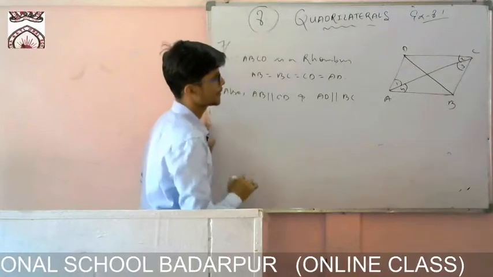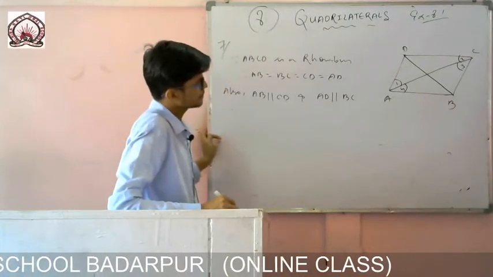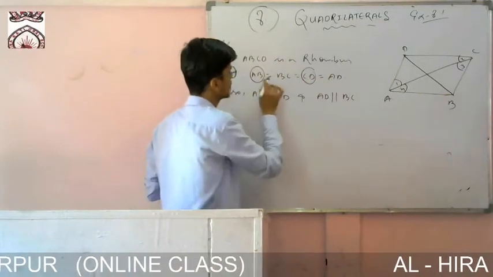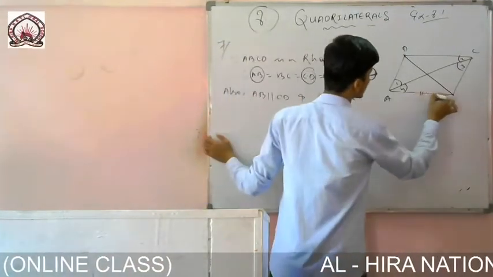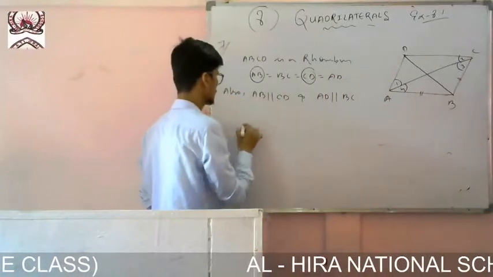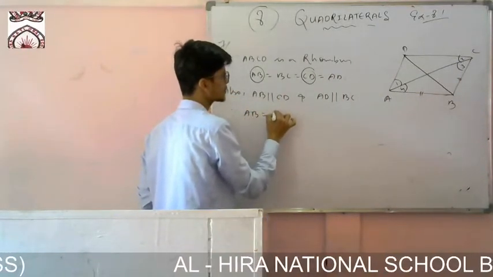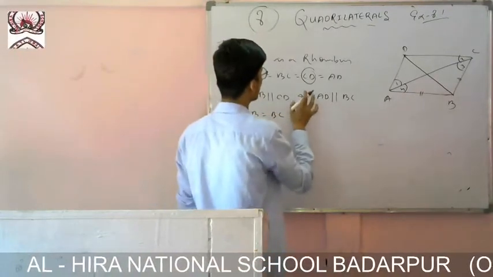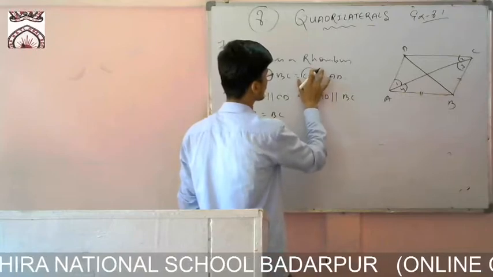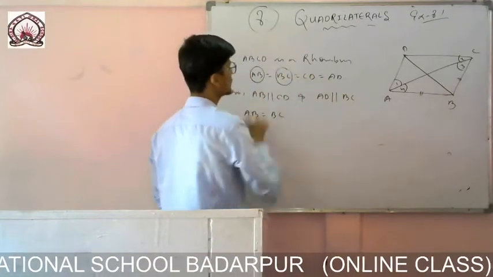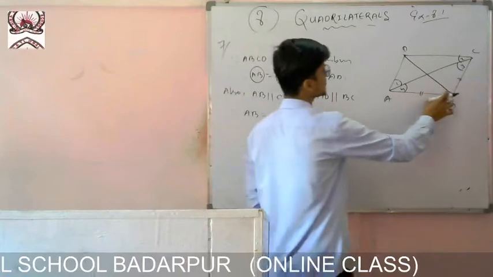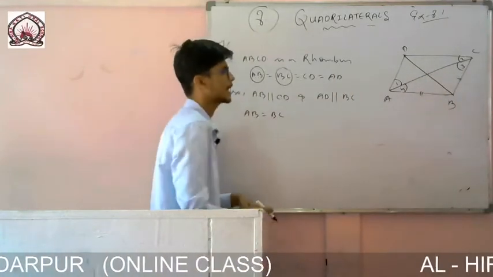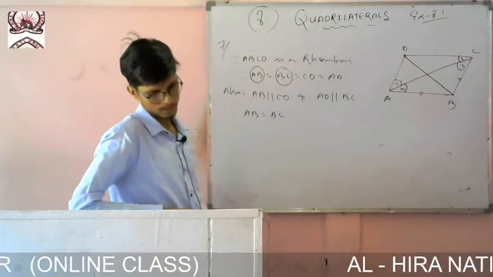Since AB is equal to BC, if two sides are equal, what will be possible? That these two angles are equal. The angles opposite to equal sides are also equal.